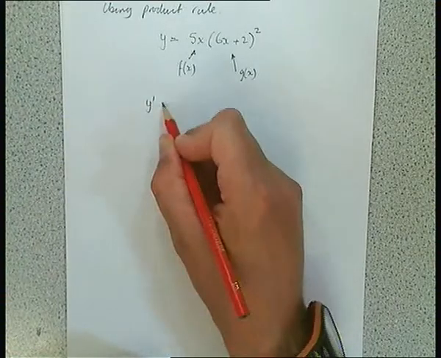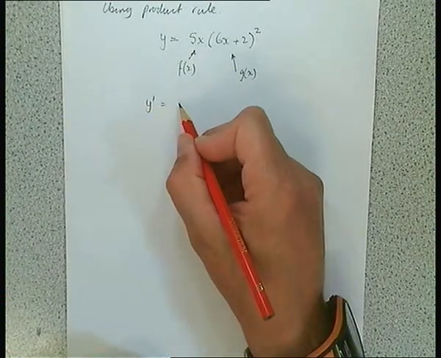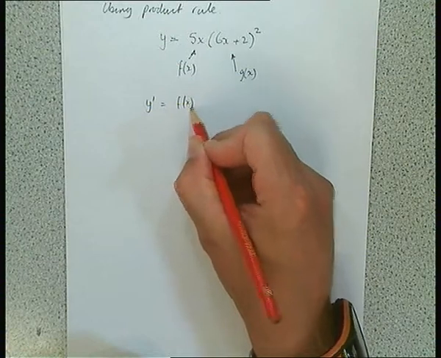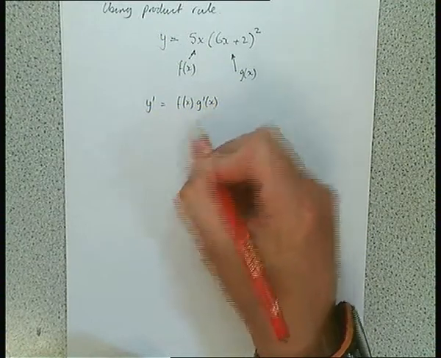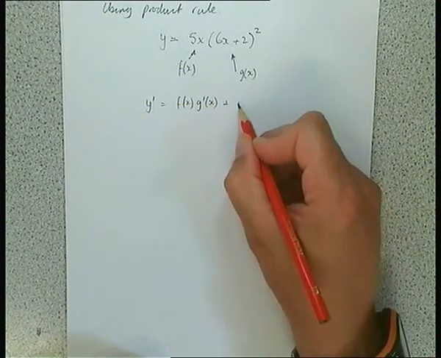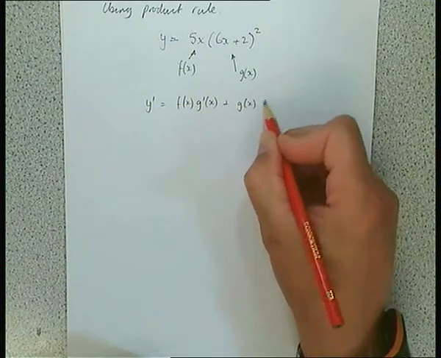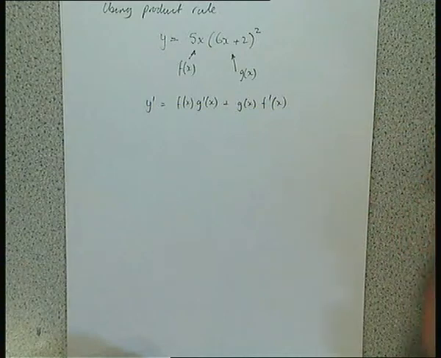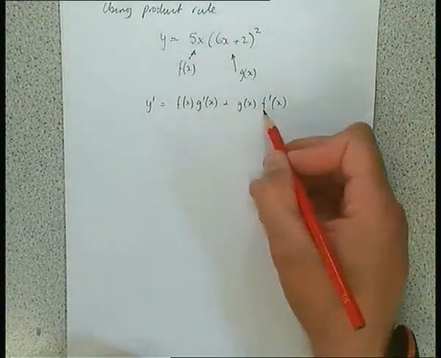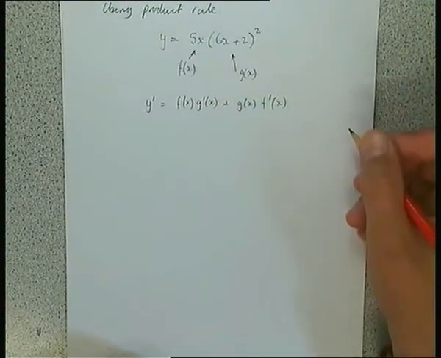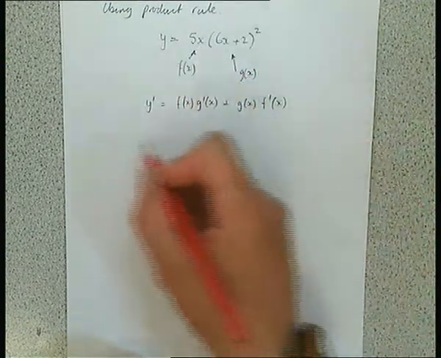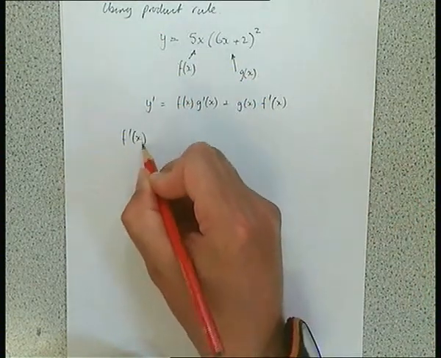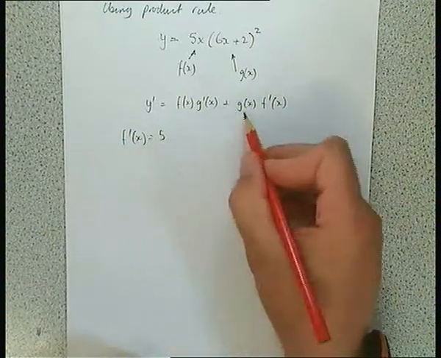Now the rule is, my differential is f of x times the differential of g of x, plus g of x multiplied by the differential of f of x, and that's it. Basically you just have to find out what each of these are and then work that out. So we know f of x is 5x, so f dash of x is 5.